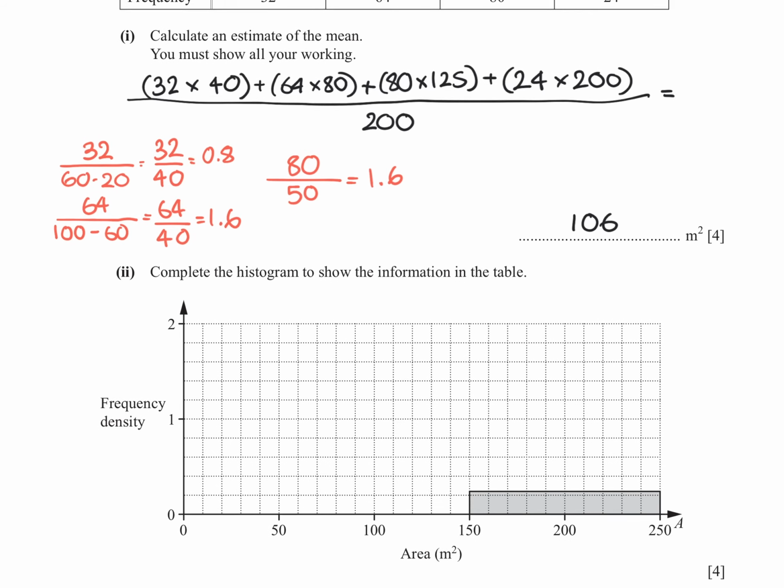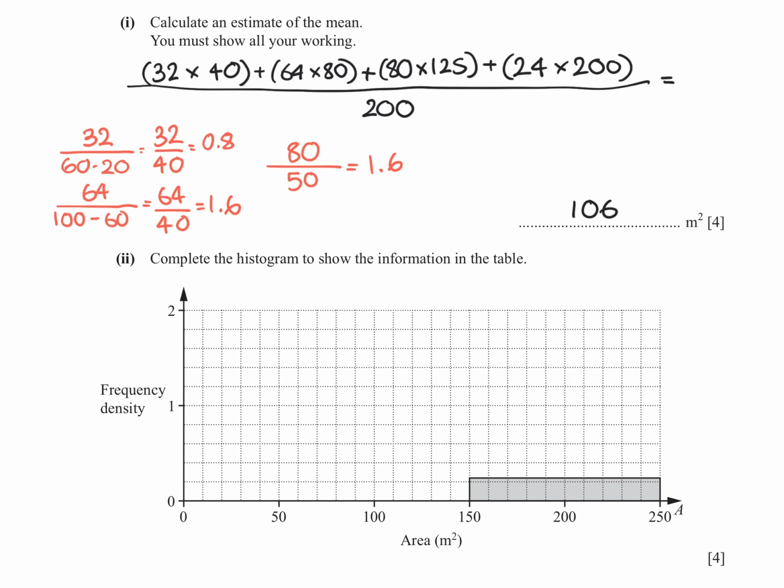And we have to draw this in our histogram. So if we move downwards, the first group starts at 20 all the way to 60. So we're not going to start from 0. The first group has a frequency density of 0.8, so it goes up to here and goes to 60 only.